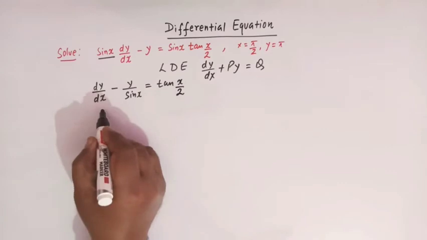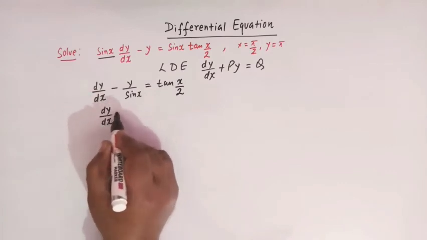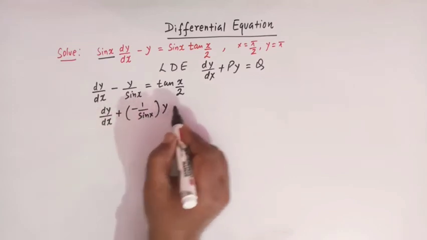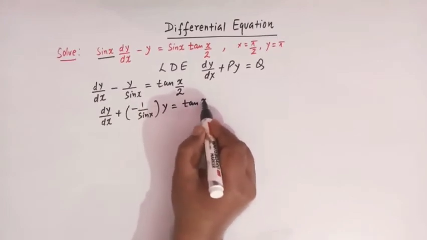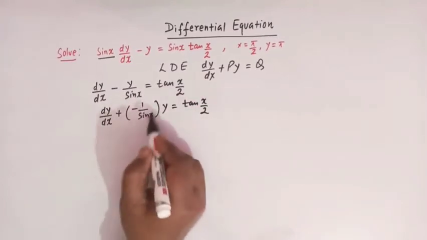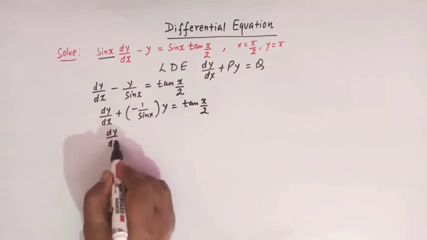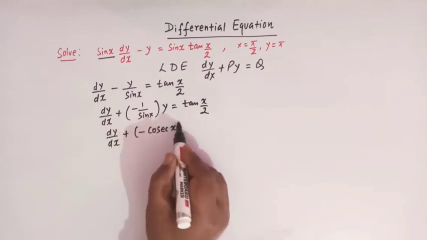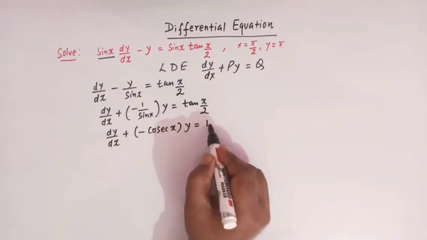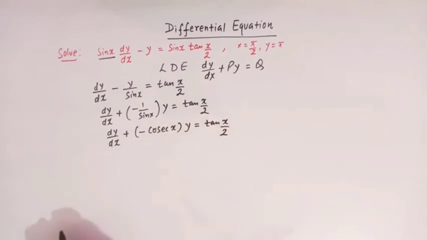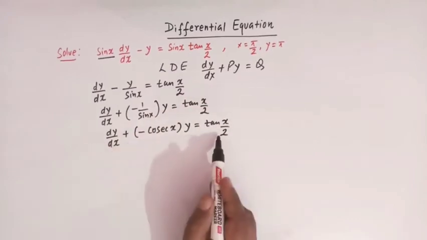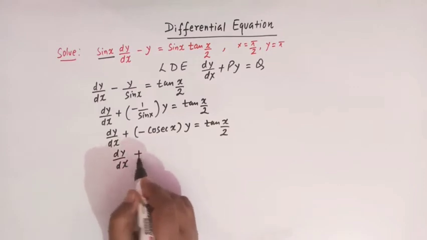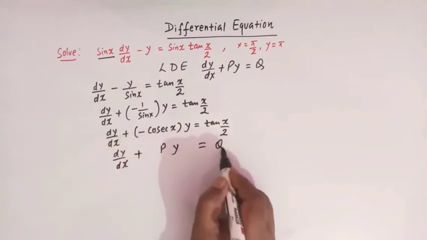Now this equation can further be written as dy/dx plus (minus 1 over sin x) y equals tan(x/2), and we can further write it as dy/dx plus (minus cosec x) y equals tan(x/2).